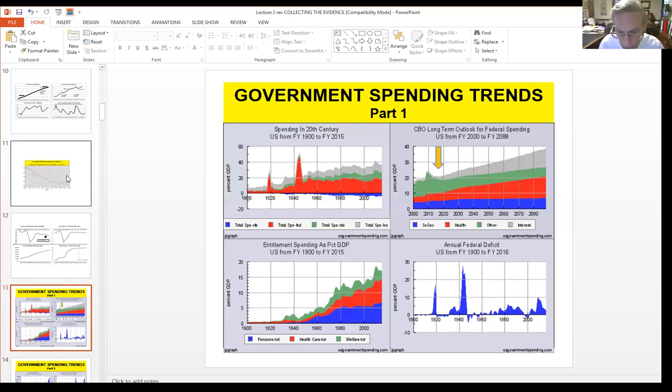If we go to the lower left-hand chart, we'll see entitlement spending. And boy, what's it been doing? It's been rising. Pardon me, I'm going to adjust this camera just a little bit. There we go. We can see that the entitlement spending for pensions and healthcare and welfare have really shot up beginning in the 1960s. And based upon trends in legislation, they're going to continue to rise.